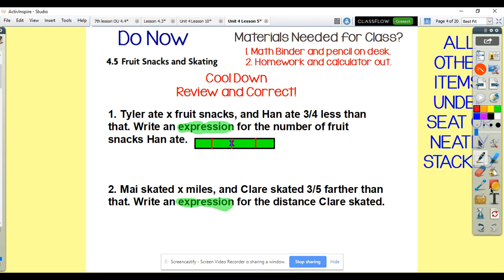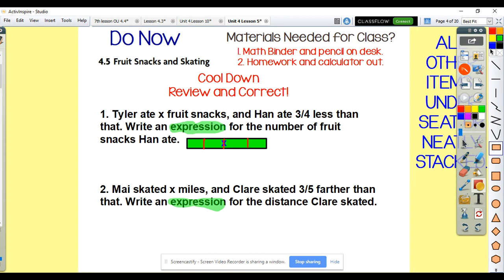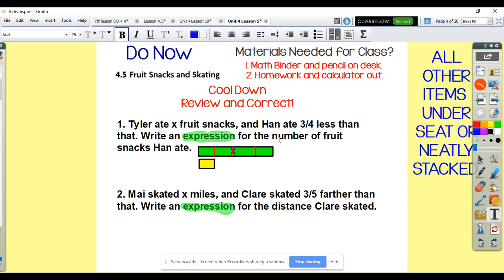Okay, Han ate 3/4 less than that. That is like saying Han ate only, well, how much did Han eat? Han ate like that much, right? Because he ate 3/4. Well, wait. He ate 3/4 less, which means he only ate 1/4, right?